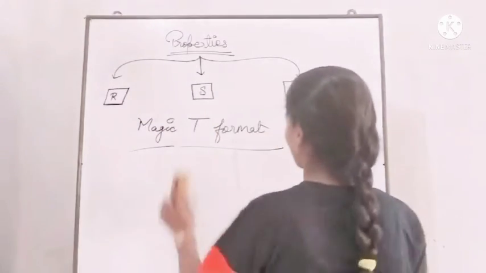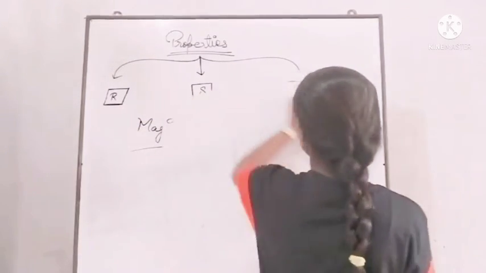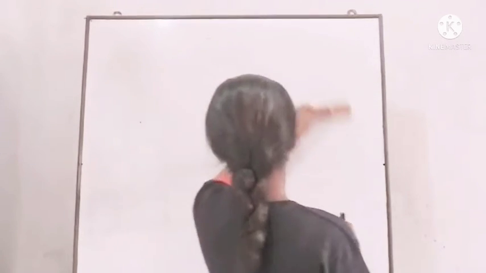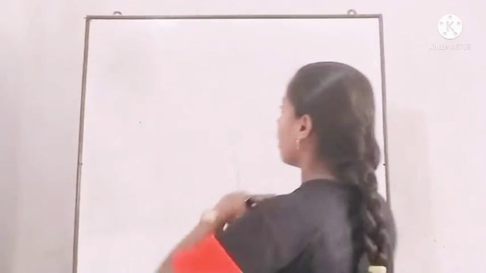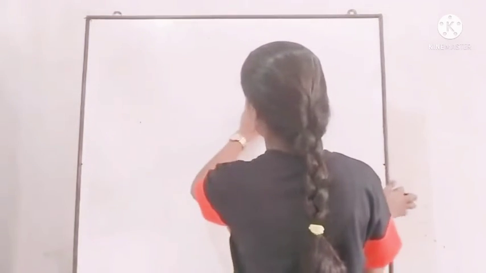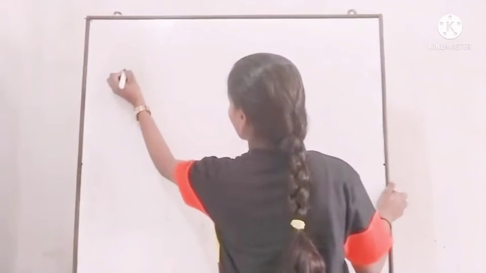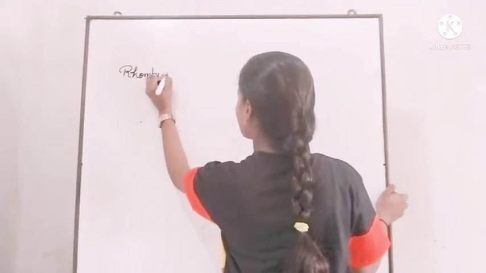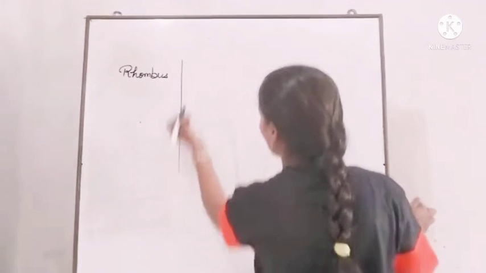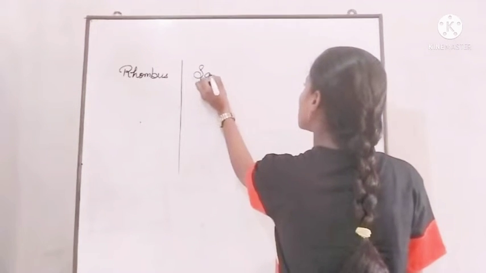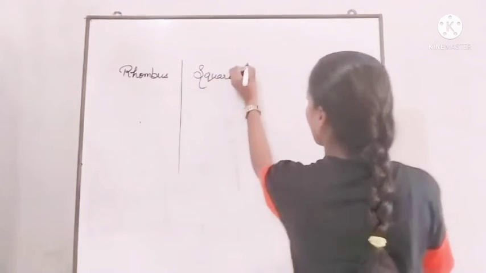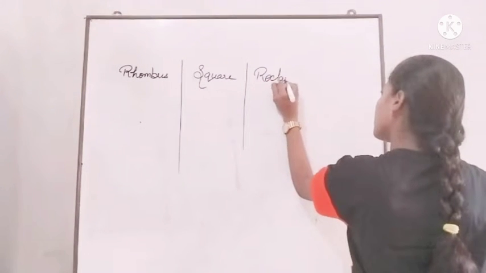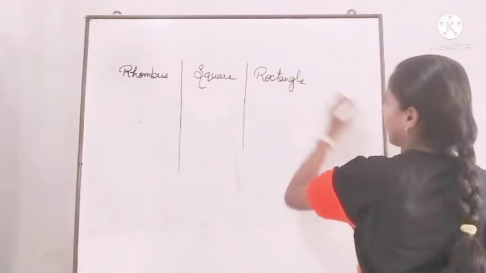Let us see. As I told you, the T format. So let us draw a T format for each of the three figures. We first of all have rhombus, then we have a square, and then at last we have rectangle.